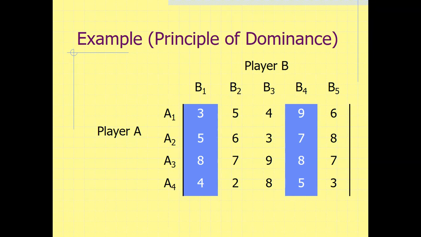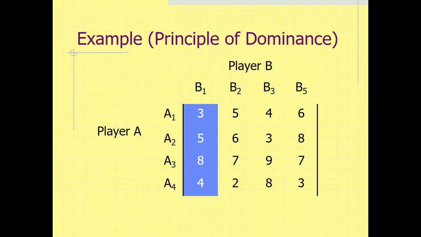Therefore, the fourth column is deleted and the matrix is reduced by this. Now again, the elements of the fifth column B5 are greater than or equal to the corresponding elements of the second column.